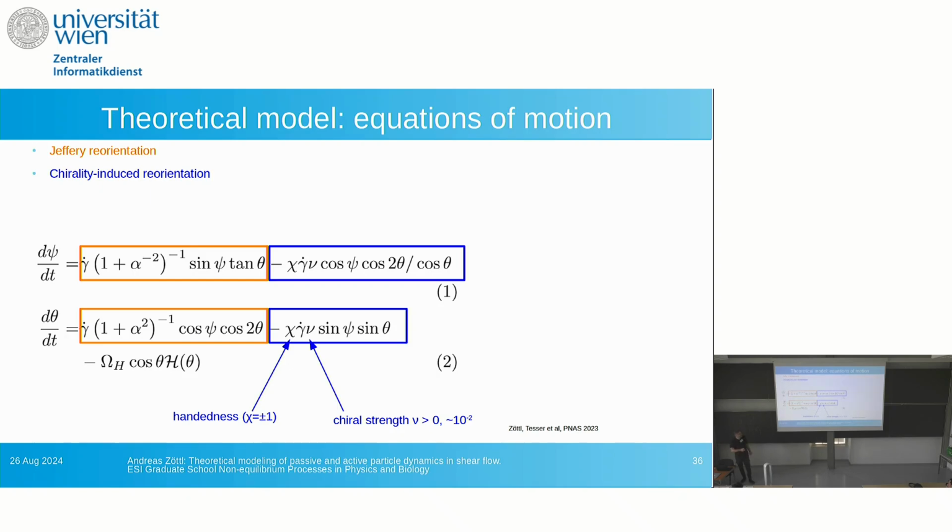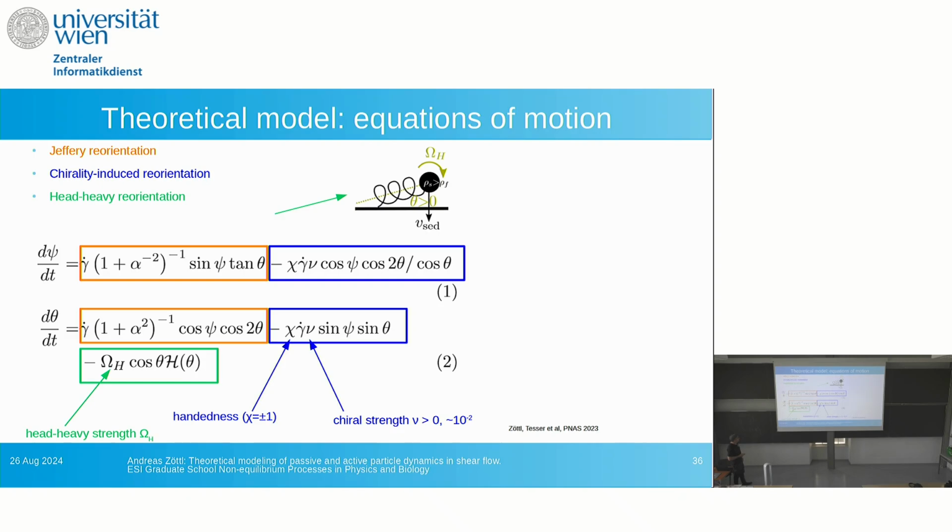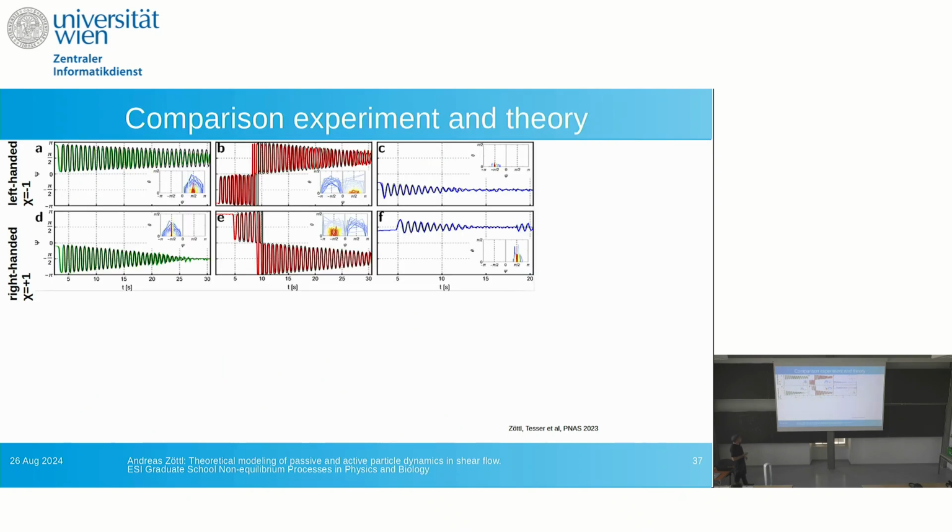And when you have this extra term which breaks the left-right symmetry, you can really see how you go to a stable orientation. Just for technical reasons, I want to mention that there is another term for the experimental system. Here, the head is a bit heavier than the helix, so there is also another head-heavy orientation torque. But that's not so important now for the discussion.